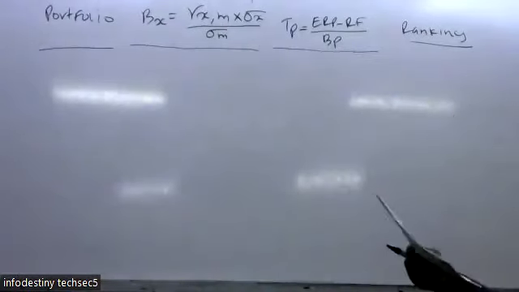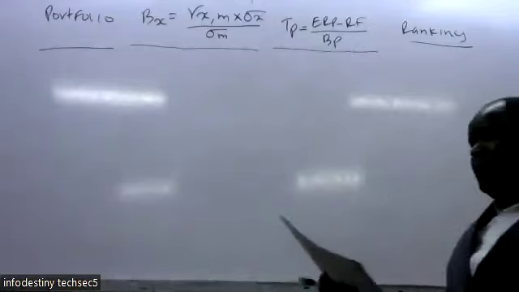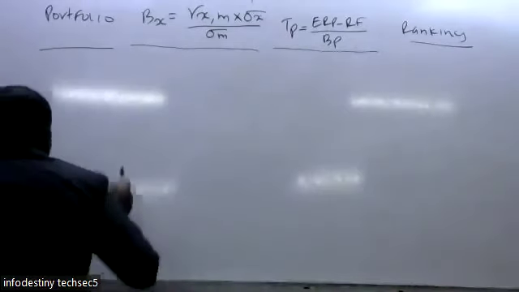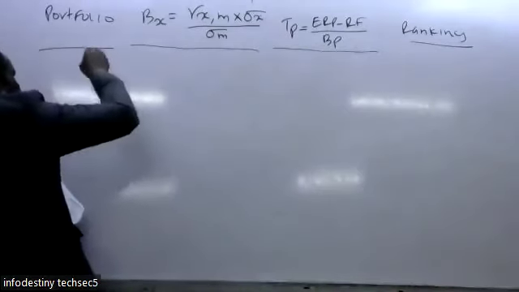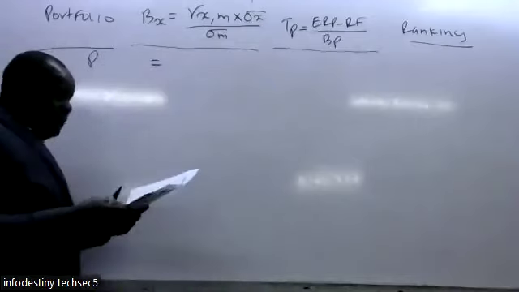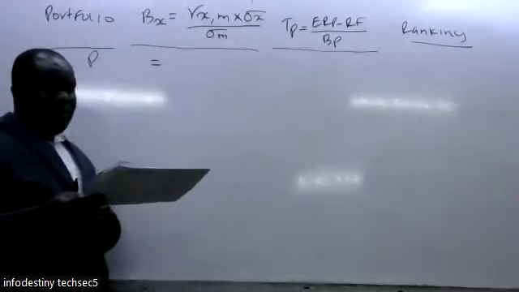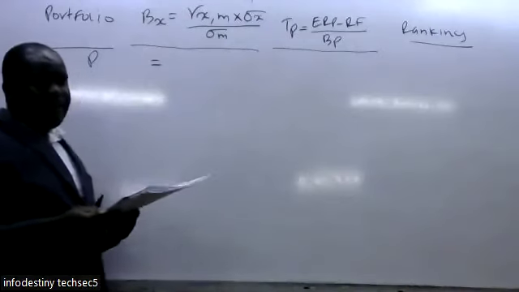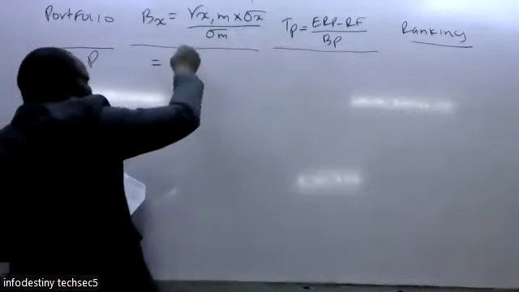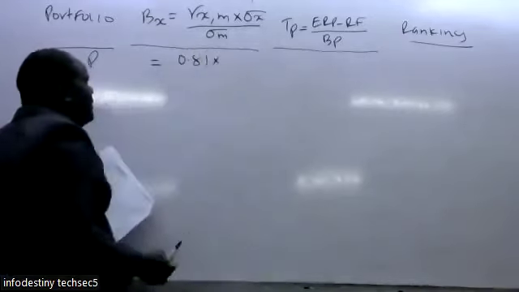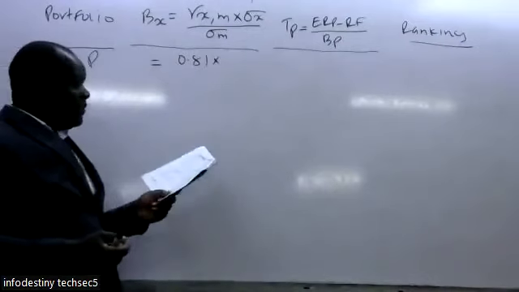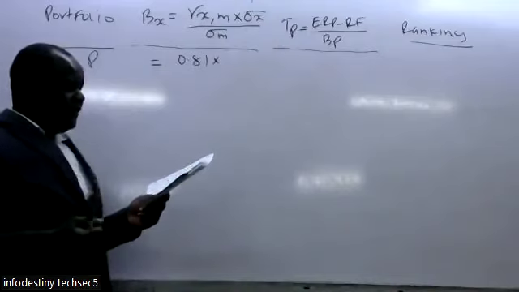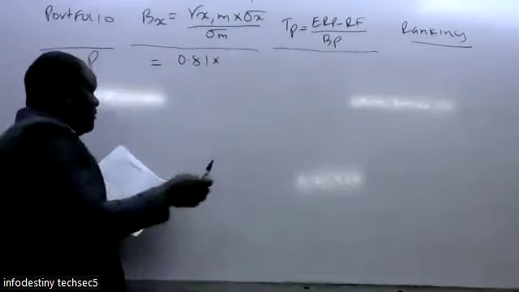So starting with the first one, you see the first one is portfolio P. You want to get the beta factor for portfolio P. What are we given as the correlation coefficient of portfolio P with the market returns? So we take 0.81. Then we multiply by the standard deviation of that project P, they gave us 21.